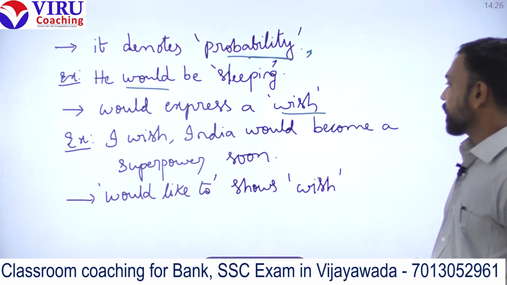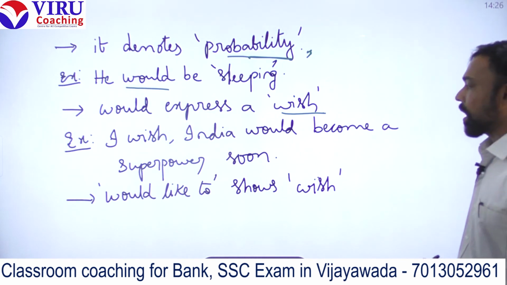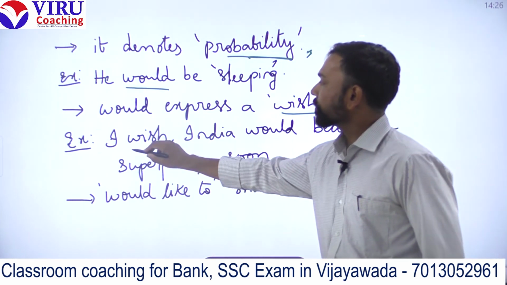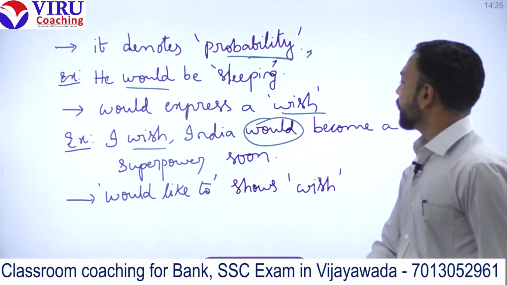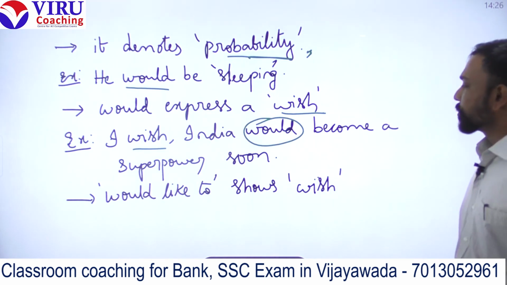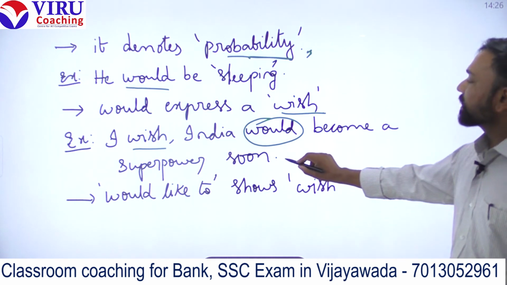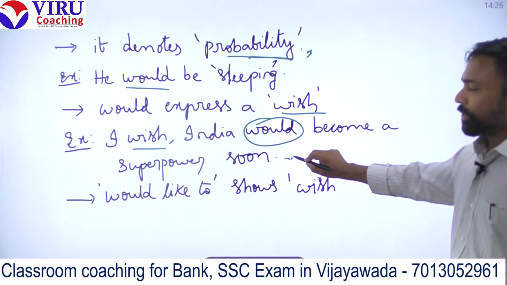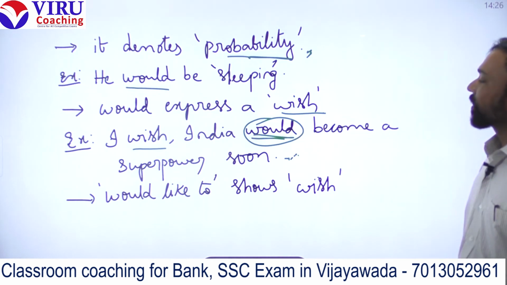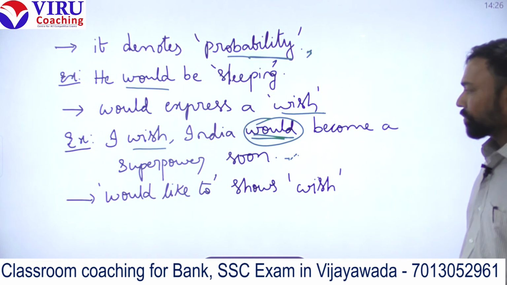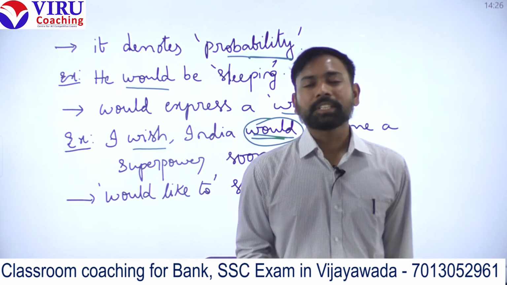Would expresses a wish. I wish India would become a superpower soon. So this is a wish that you want to express. In that case, would is used. Would like to shows a wish. I would like to meet you.